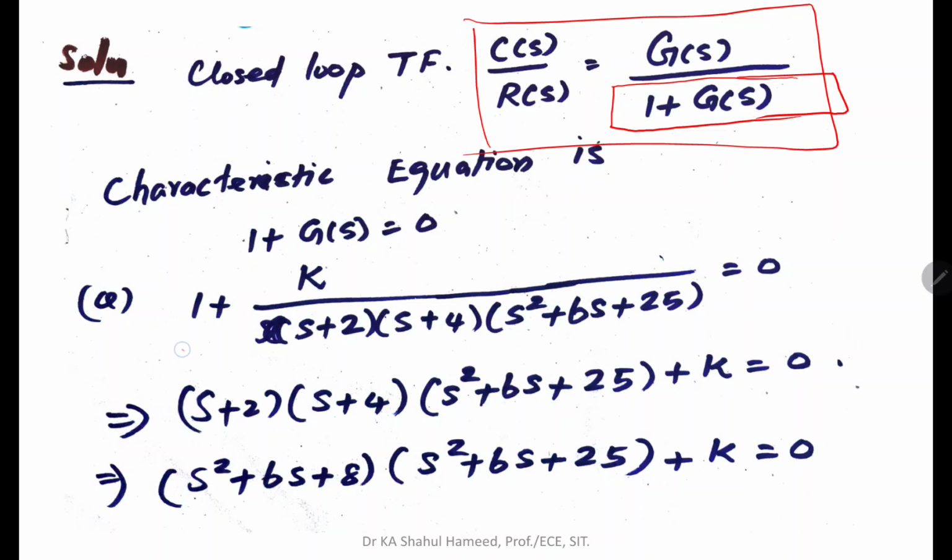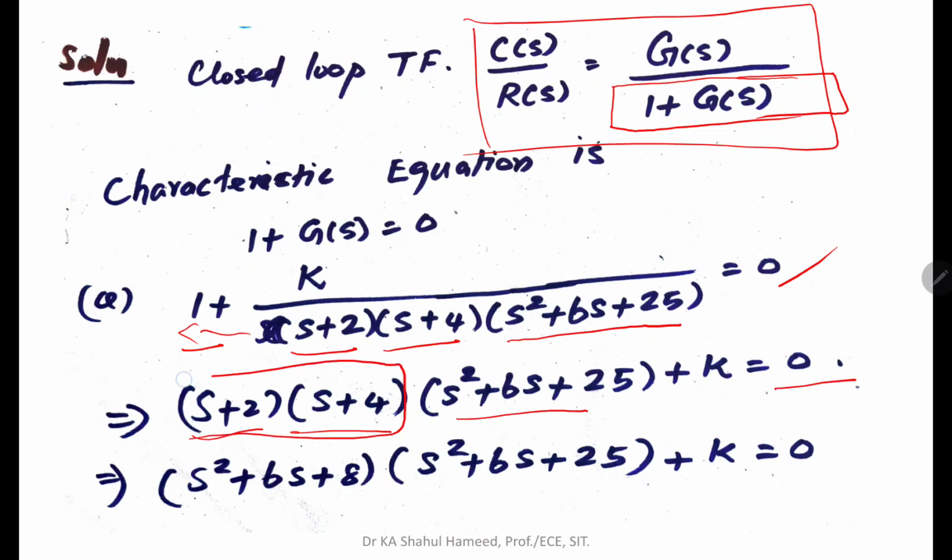I'll get 1 plus K divided by (s plus 2) into (s plus 4) into (s square plus 6s plus 25), which is equal to 0. Now I am cross multiplying it: (s plus 2) into (s plus 4) into (s square plus 6s plus 25) plus K is equal to 0. Now I am multiplying these two polynomials.